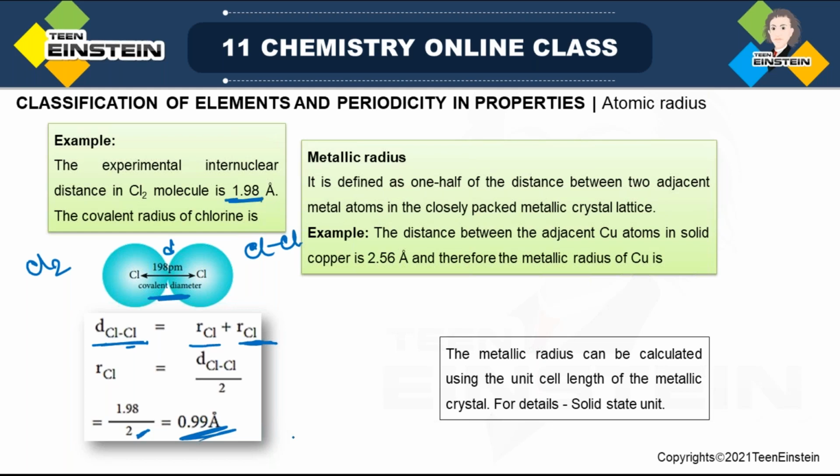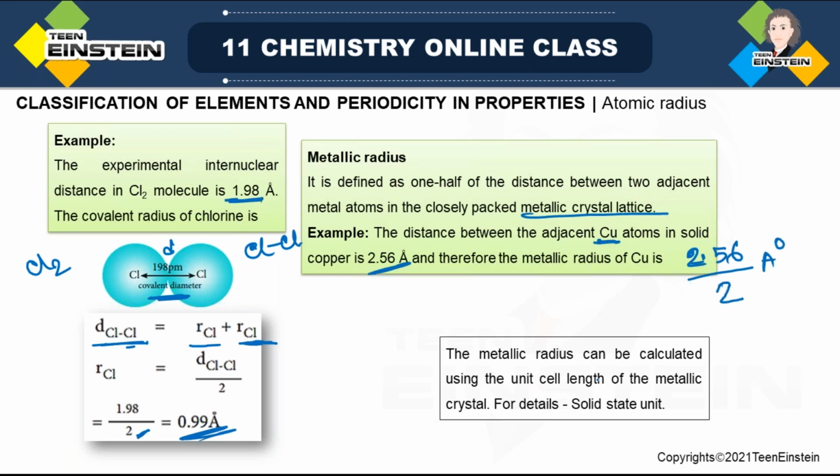What about metallic radius? It is defined as 1/2 of the distance between two adjacent metal atoms in a closely packed metallic crystal lattice. For example, you have just seen the covalent radius example with the chlorine molecule. In this case, we will obviously take a metal. So we have taken copper atoms in their crystal lattice. The distance between the adjacent copper atoms in solid copper is 2.56 angstrom. So obviously, the metallic radius will be half of this distance, 2.56, because according to the definition, it is half of this.